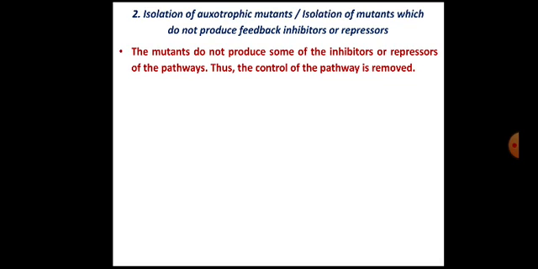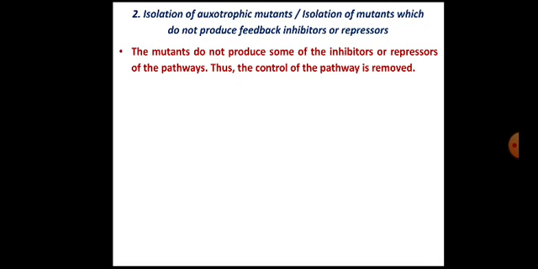In simple words, this modification is related to the isolation of mutants which do not produce feedback inhibitors or repressors. We have learned earlier that feedback inhibitors or repressors are responsible for limiting the production of microbial metabolites.